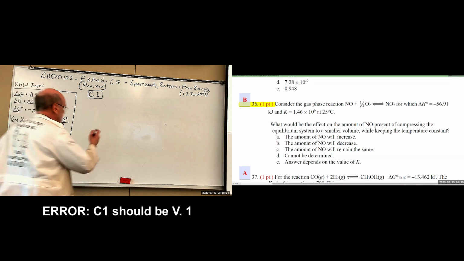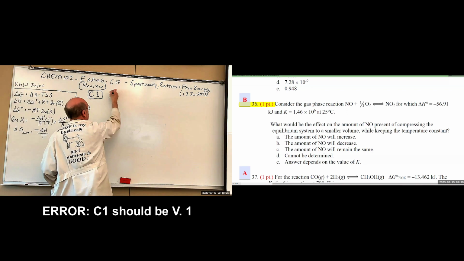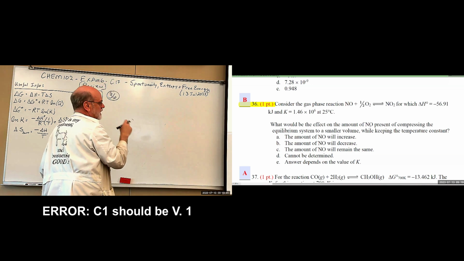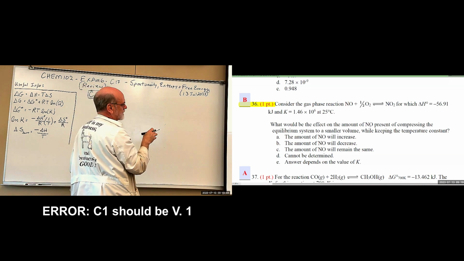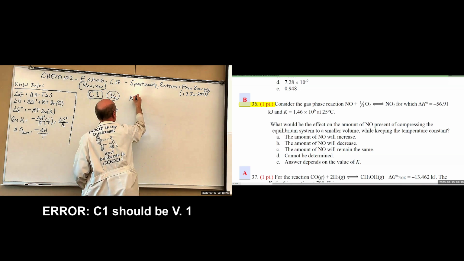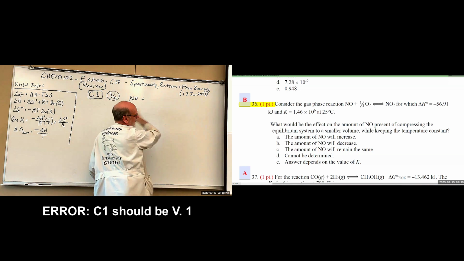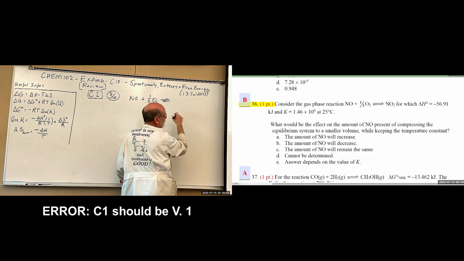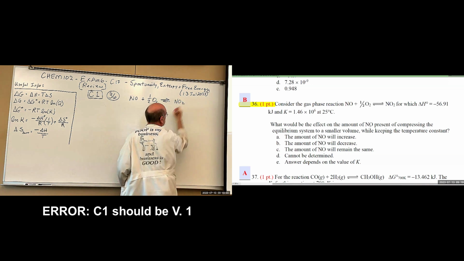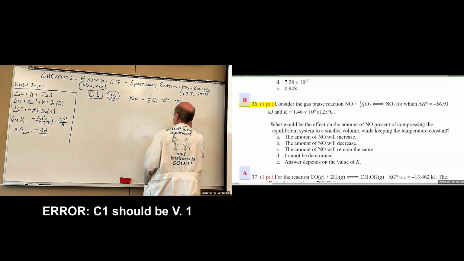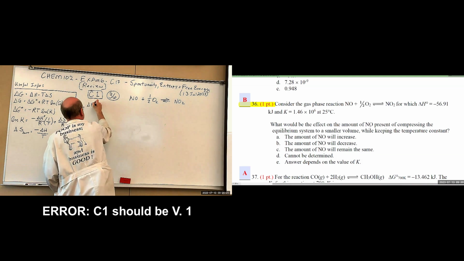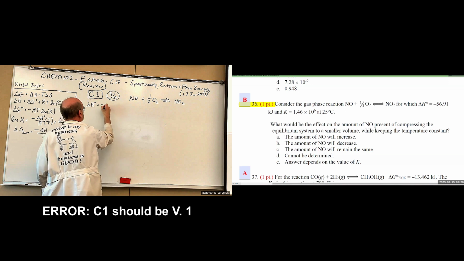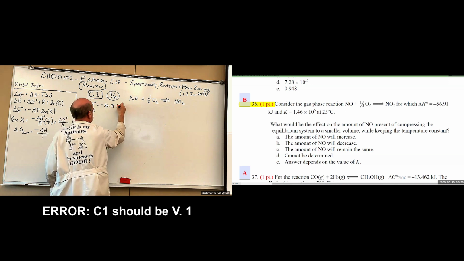Okay, 36. I think this one, we can solve with Le Chatelier. If we have this gas phase reaction, NO, nitrogen monoxide, these are all gases, 1/2 oxygen is in equilibrium with NO2. And the standard enthalpy is minus 5691 kilojoules.